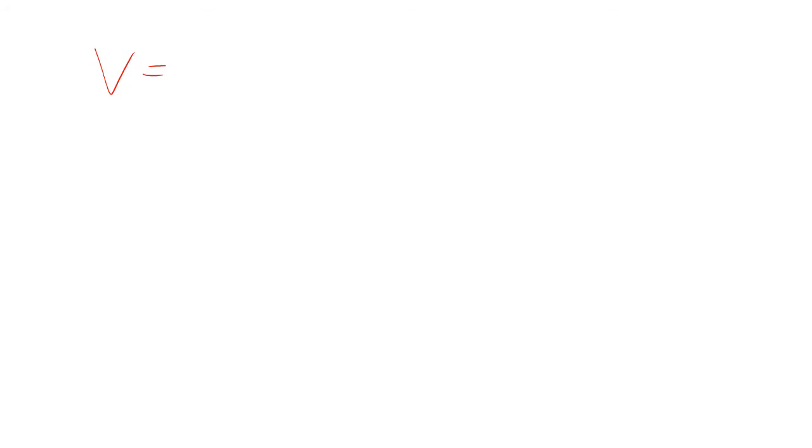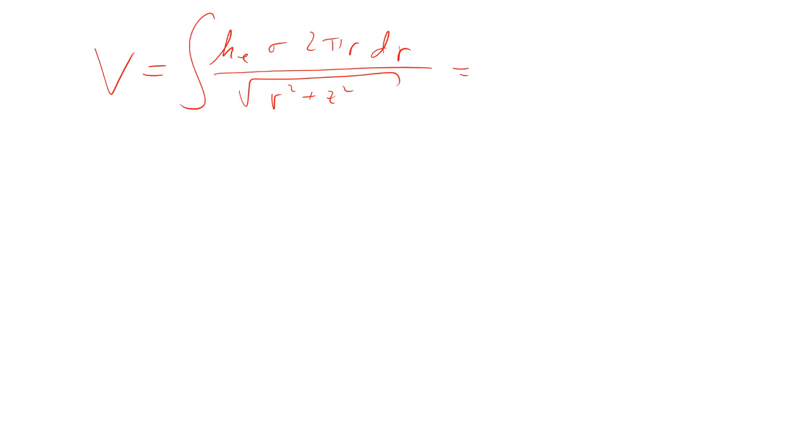So the V is going to be equal to the integral of k sub e times sigma 2 pi r dr divided by the square root of r squared plus z squared. And so some of this comes out of the integral: k sub e comes out, sigma comes out, 2 pi comes out. We're integrating r dr over the square root of r squared plus z squared from 0 to big R.